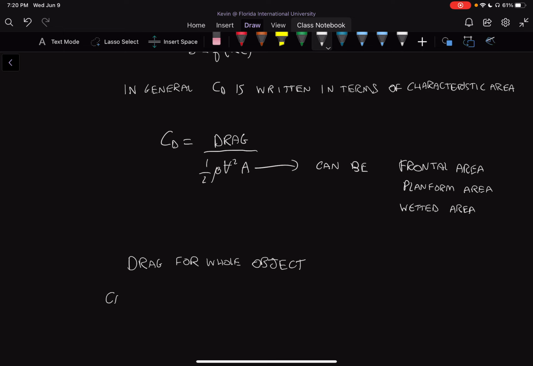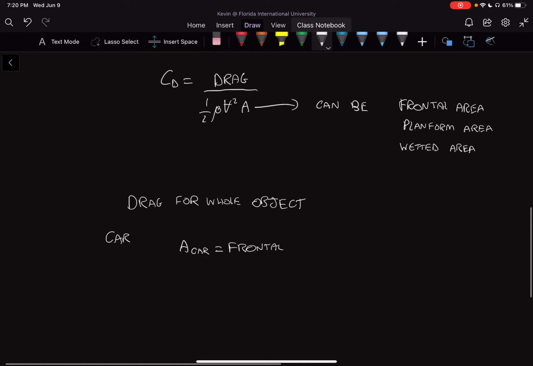Okay, so if we take a car, for example, the area of the car would be a frontal area. And this is usually the case for blunt bodies. So any body that is considered a blunt body, we're going to use the frontal area to find its CD.